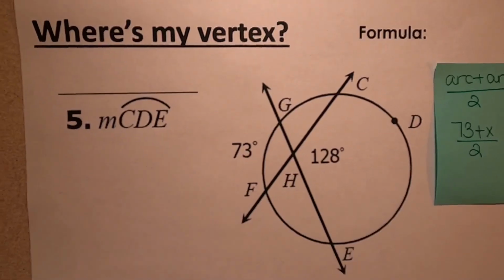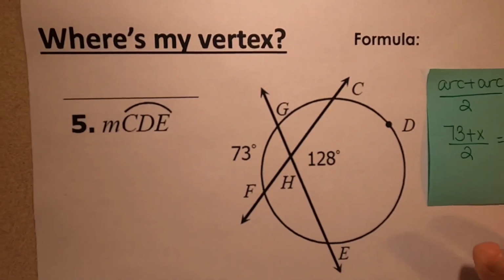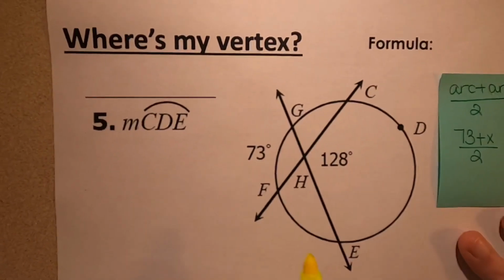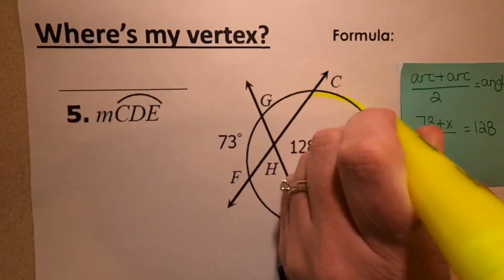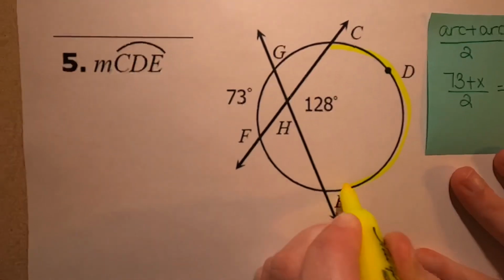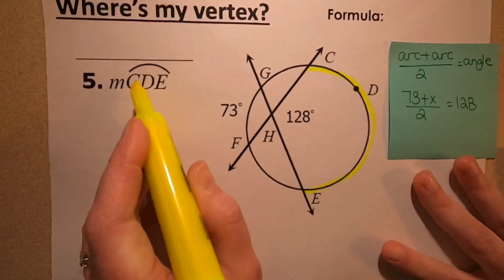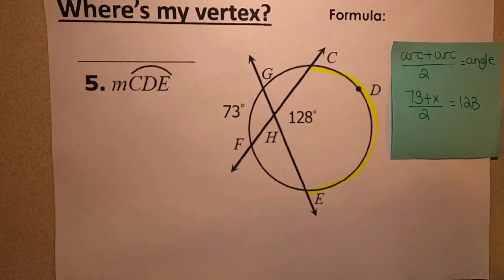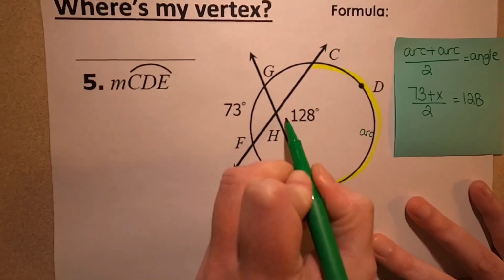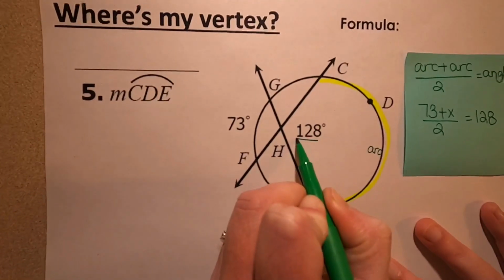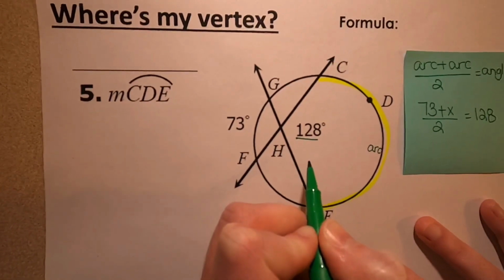For my last example, we are going to try to find this arc CDE. I'm going to highlight it to show you on the circle. CDE goes this way, and you'll notice it is an arc that is associated with an angle whose vertex is on the inside of the circle.